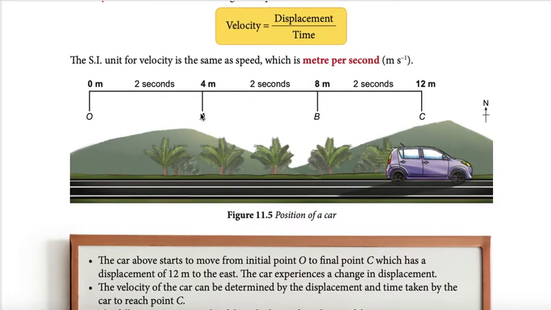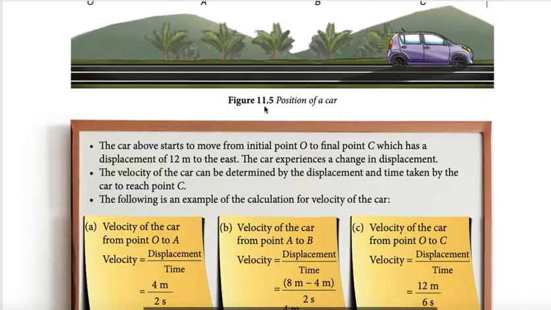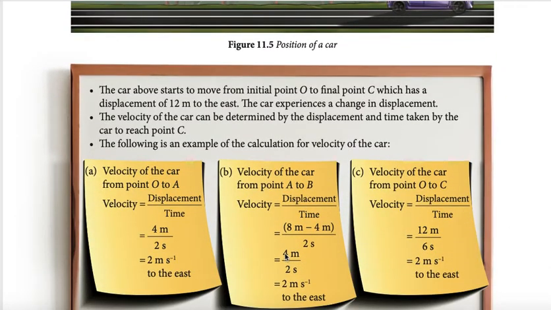Therefore, displacement at point B is 8 meter. You minus with 4 meter, you will get 4 meter. So displacement from point A to point B is 4 meter. The time taken here is 2 seconds. Therefore, the velocity is 4 divided by 2. You will get 2 meter per second to the east.